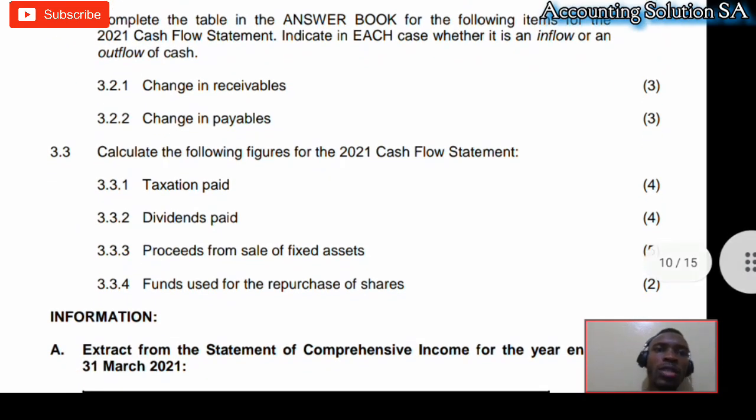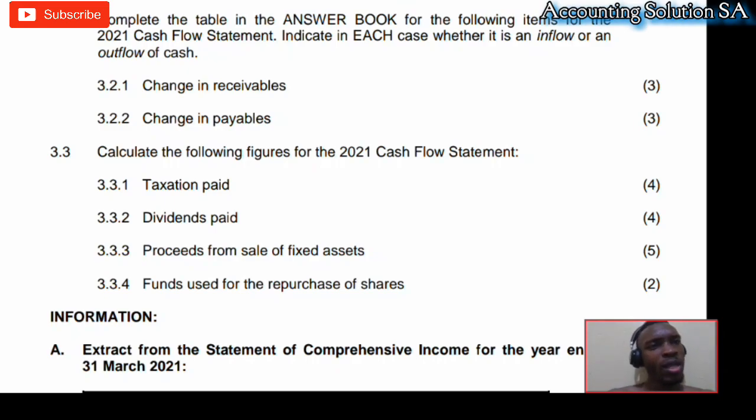Okay, then cash flow statement. The first part they said we have to prepare the change in receivable and change in payable. Guys, I want to emphasize this. As we know, under cash flow statement, under receivable, payable, and inventory, we just subtract the difference between the last year amount and the current year amount. However, in order for you to earn 3 marks, don't just subtract.